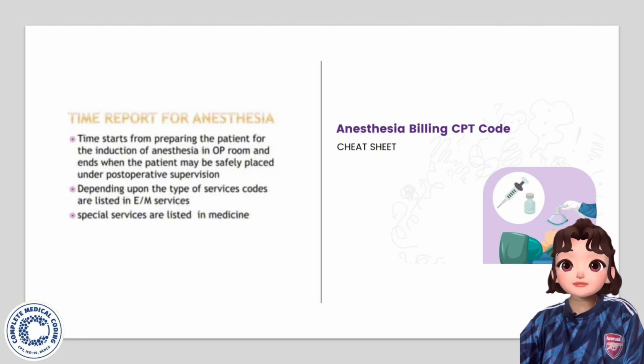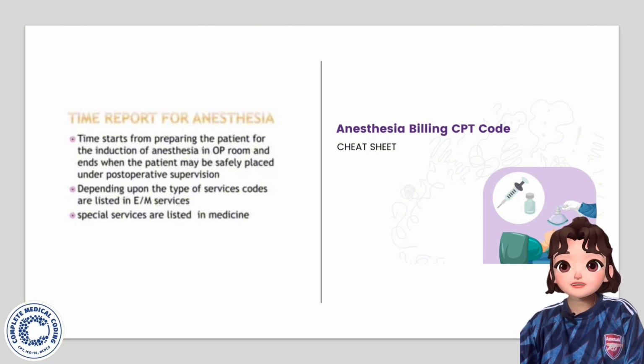The time starts from preparing the patient for the induction of anesthesia in the OP room and ends when the patient may be safely placed under postoperative supervision. So anesthesia time is calculated from when the patient begins to be prepared for anesthesia until the patient is sent to recovery. That is the time for reporting the anesthesia code.